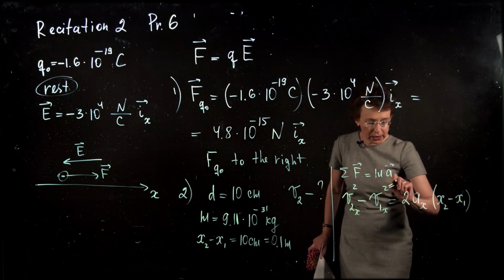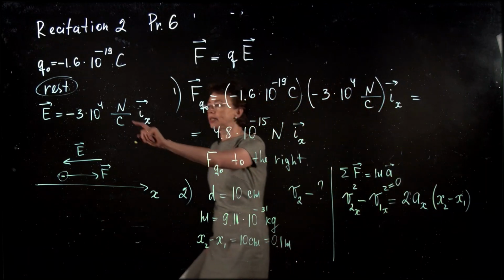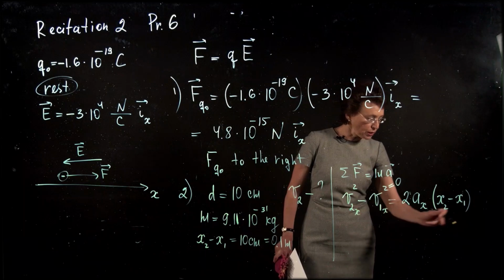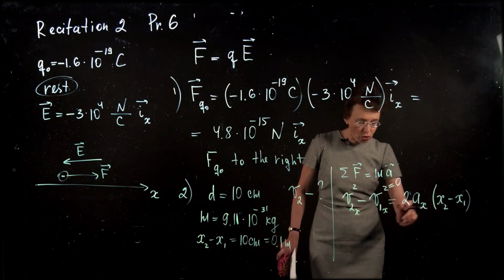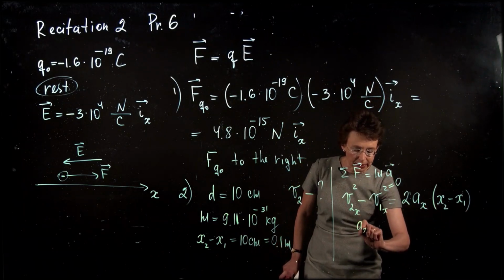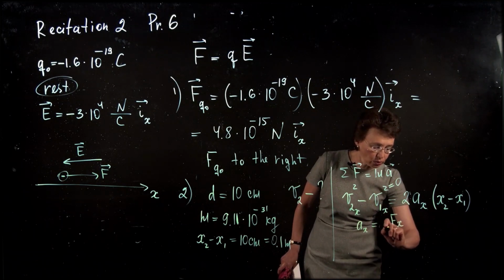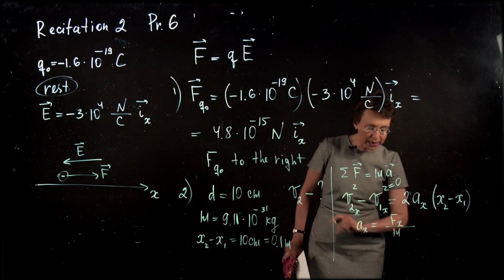Initial velocity is 0 because it is released from rest. What will be the final velocity? I know x2 minus x1. All I need to find is ax. Ax is force Fx that we already found divided by m.